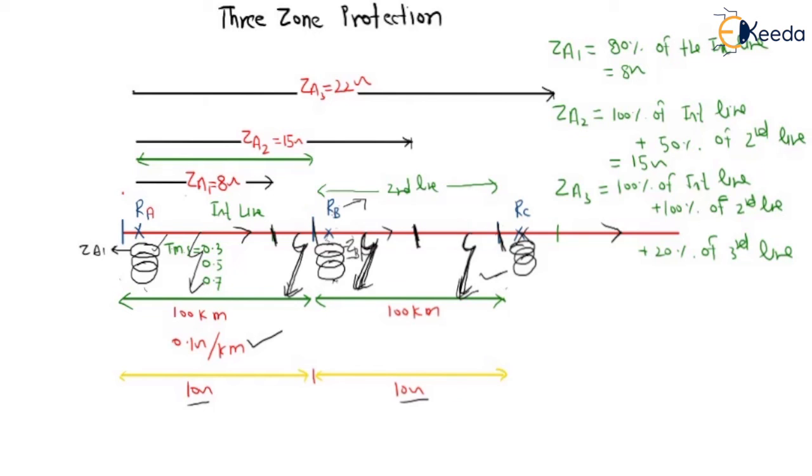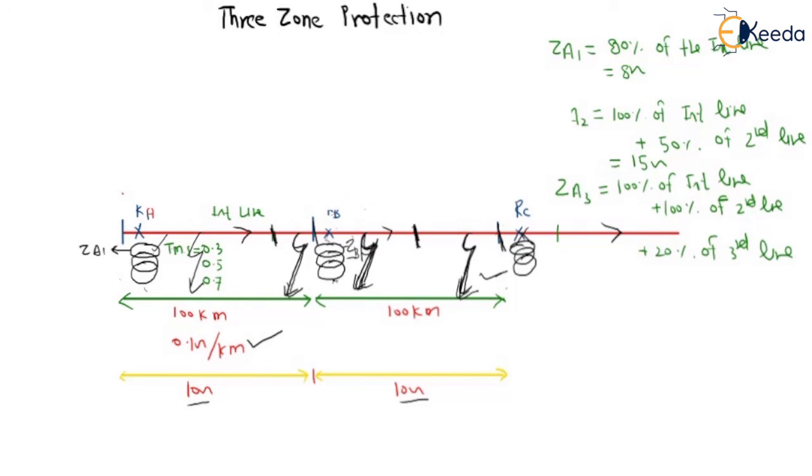Now we will talk about the zone. Now I am going to draw the zone. The first disc will operate from here, 80% of the first line. And if B fails, then which will move? From 80% to 150%, this will be zone number 2.